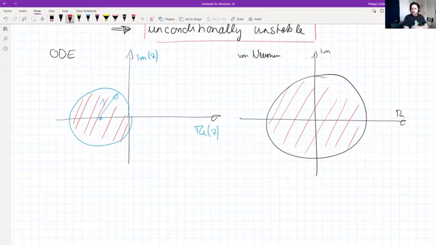What's the relation between these two circles, let's say, and how could one maybe generalize it to also discretization schemes that are a little bit more complicated than just the Euler forward scheme that we have used now actually for the ODE and the von Neumann analysis. So I would like to very briefly show you the relation between these two circles and how to generalize that to also more complex cases.